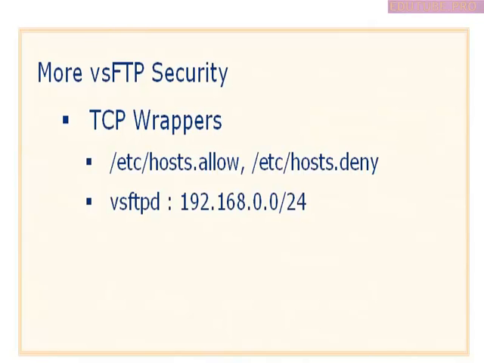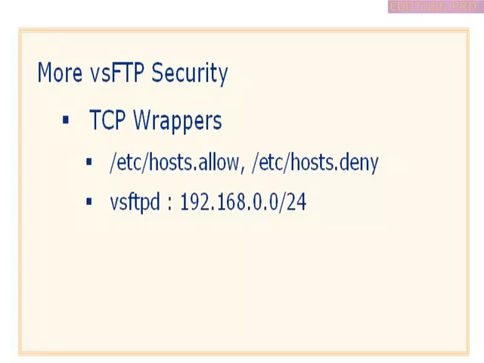Similar firewall security measures are possible using TCP wrappers. VS-FTP is a TCP service and thus can be controlled by TCP wrappers configuration files, specifically /etc/hosts.allow and /etc/hosts.deny. I've discussed the configuration of these files in another video.